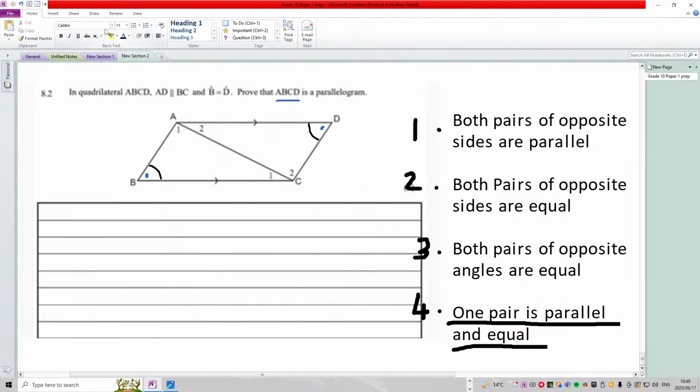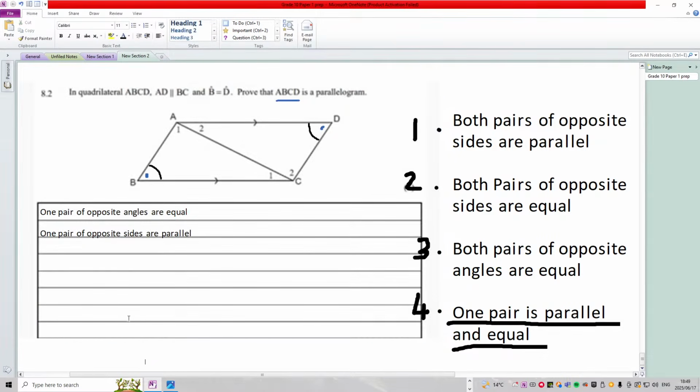So far, I have one pair of opposite angles are equal. Beautiful. Next, I've been given one pair of opposite sides are parallel.